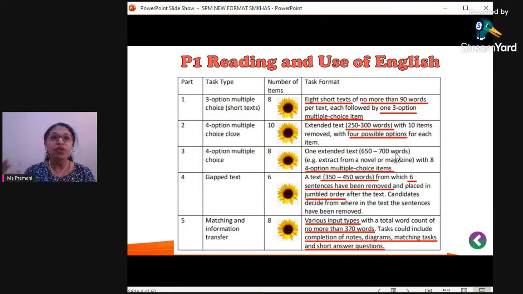They won't talk about scientific terms or something related to astronomy or even agriculture. So it won't go to a very scientific point. Basic one. Okay, something close to students. If the question is set in a way that it's very scientific or very factual, very difficult to understand, then it won't be used as an assessment item. Okay, so please remember that.